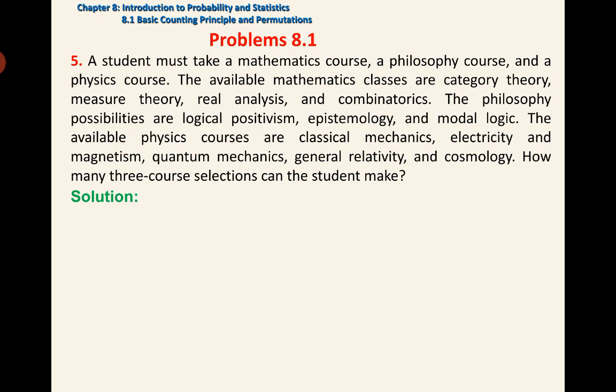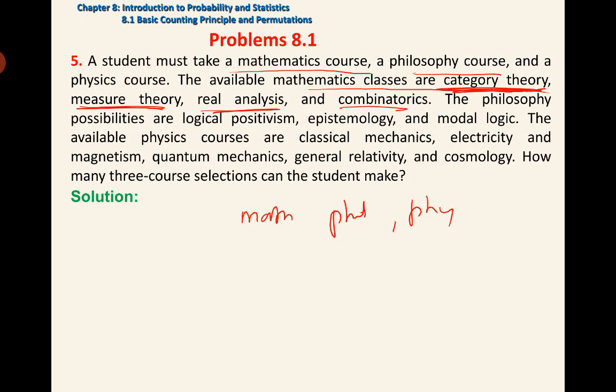This problem is very simple, you can try. A student must take a mathematics course, a philosophy course, and a physics course. There are 3 courses. The available mathematics classes are category theory, measure theory, real analysis, combinatorics. So there are 4 mathematics classes.